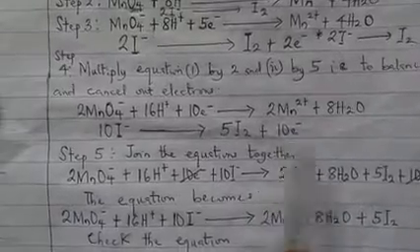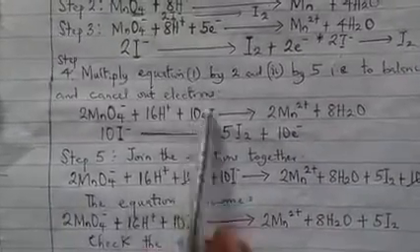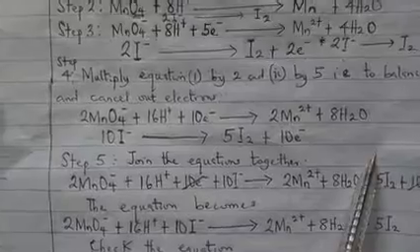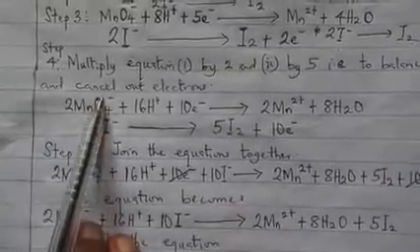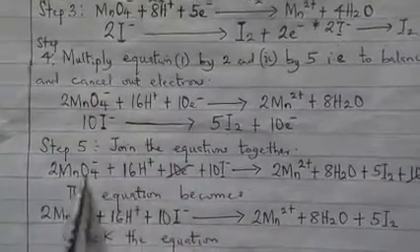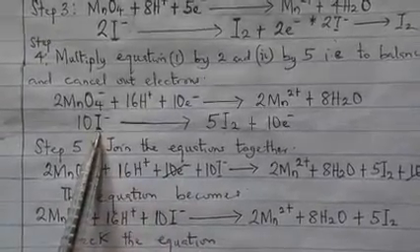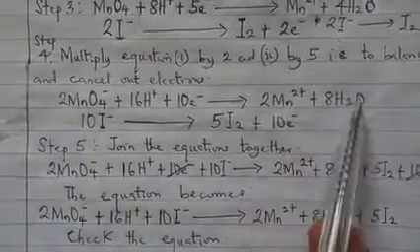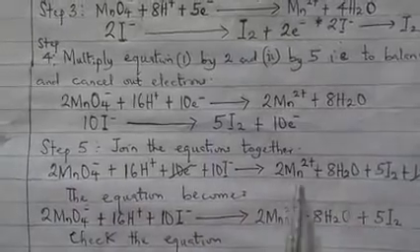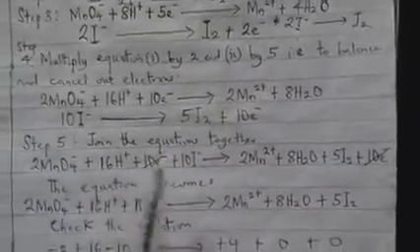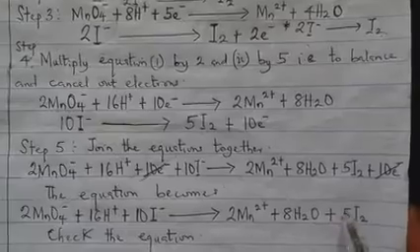Now let us cancel the electron. That means we have to join this equation together, the reactant and the product. They must be on the same line. 2MnO4 minus plus 16H plus, plus 10 iodide ion to give us this. That is why it is at the product side. 10 electrons cancel 10 electron.